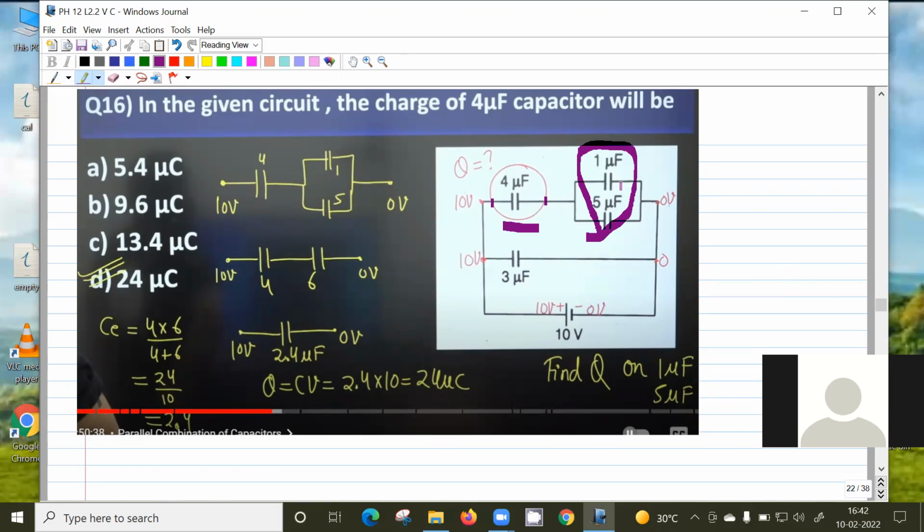If you combine, what will you get? 6 microfarads. After that, 4 microfarad and 6 microfarad in series. So the charge across this will be, using the formula, 4 by 10. So if the capacitance is more, the charge will be more. Is it a direct ratio or inverse ratio?